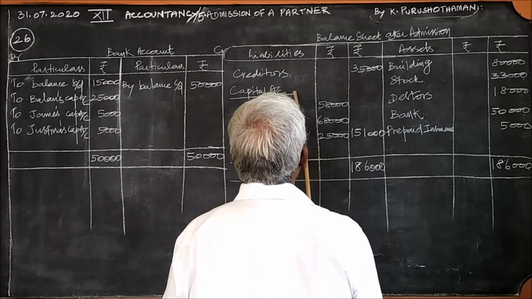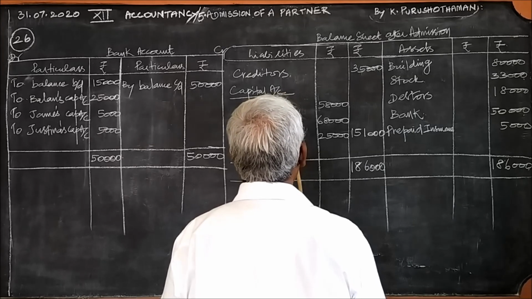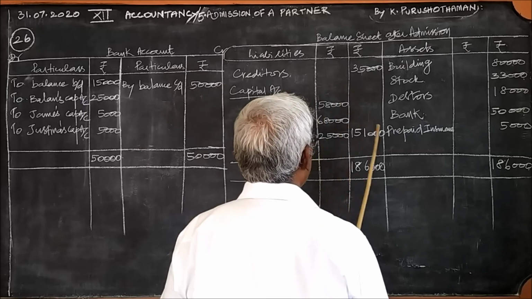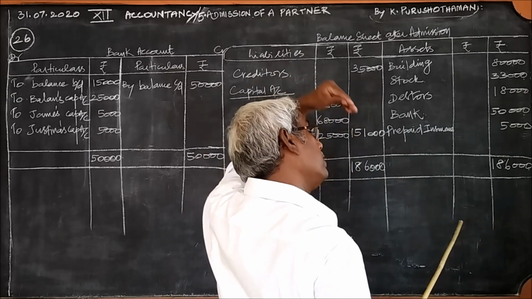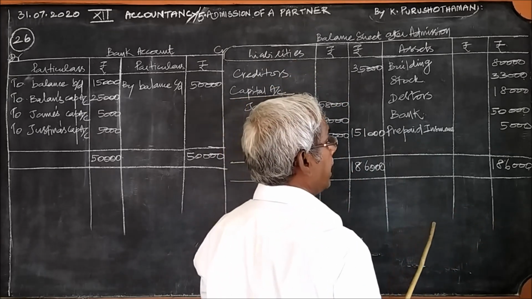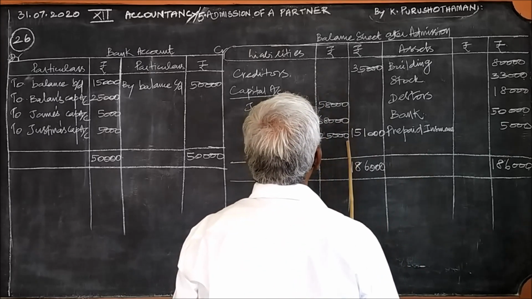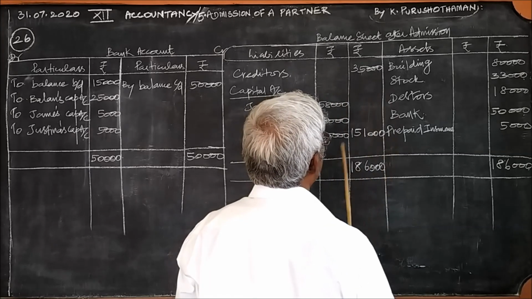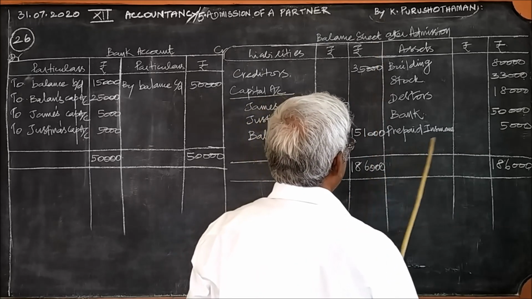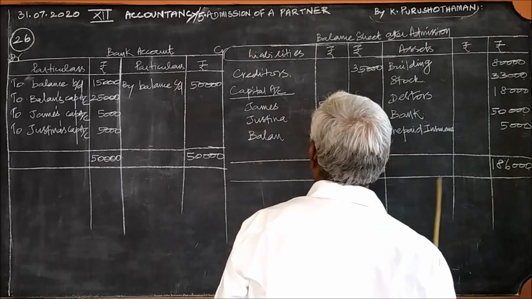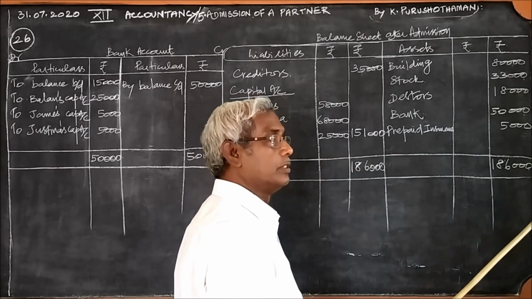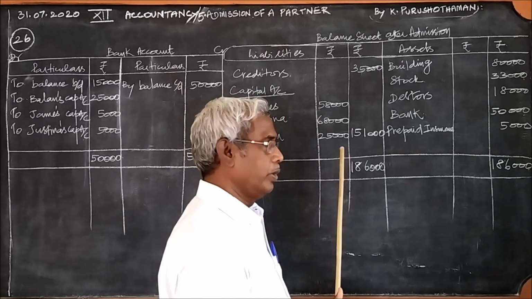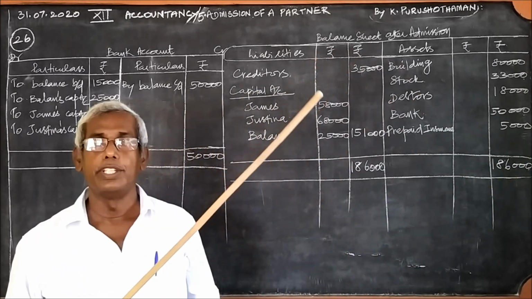Then for the capital account you write old partners James and Justina, new partner Bolan, and these three amounts should be taken from the capital account balance brought down. These are the three amounts for these three partners. You write it and find the total. Now this is totally 1,86,000. This is also 1,86,000. So the balance sheet totals are coming equal. Therefore, the balance sheet we have prepared is correct.